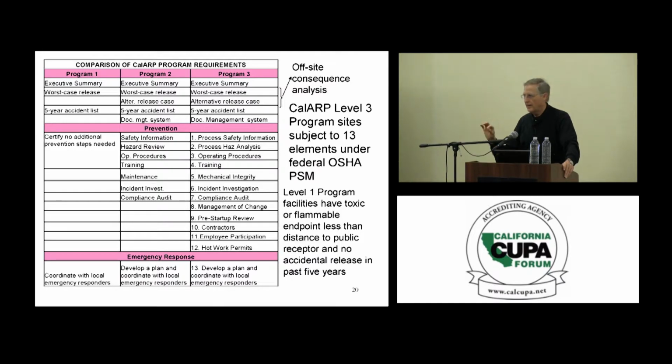We did not have, in most cases, more than 1 or 2 processes that fell under OSHA PSM or CalARP requirements, but we had process safety programs. And we had them in the US and we had them outside the US. And why did we do that? It's because it makes sense from a risk management perspective.